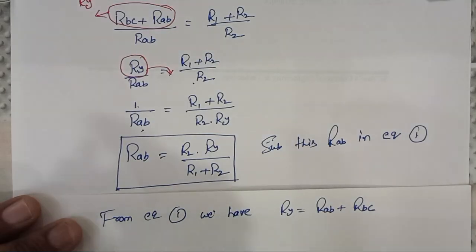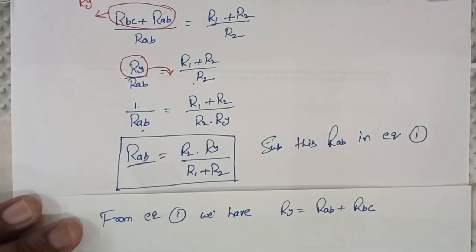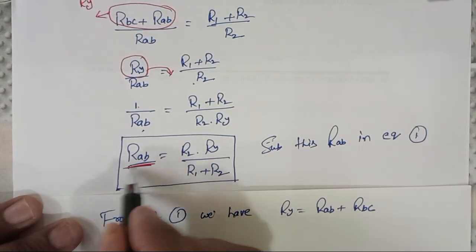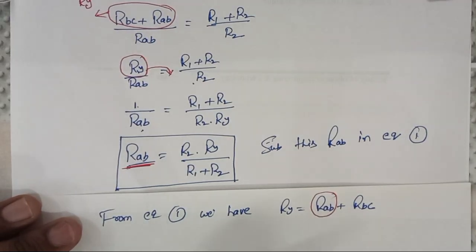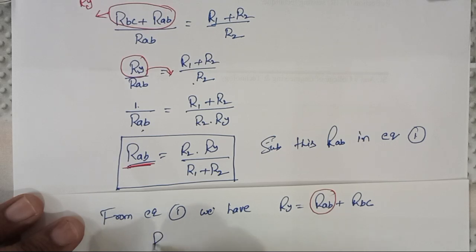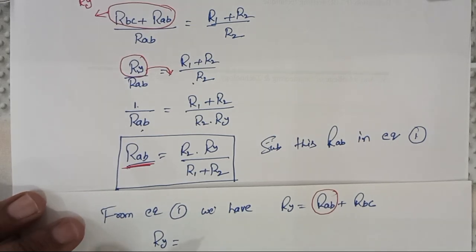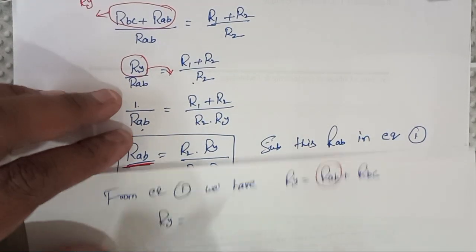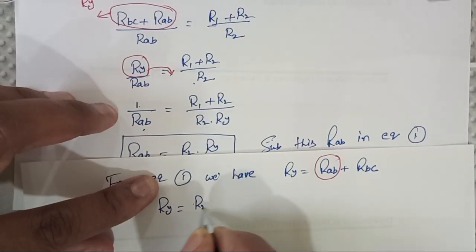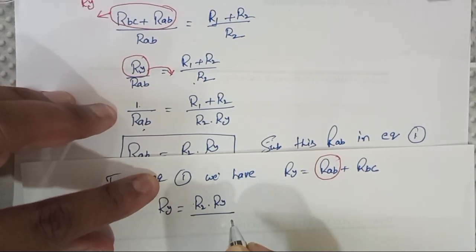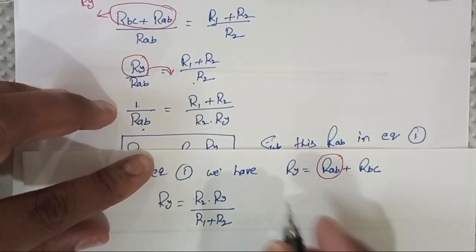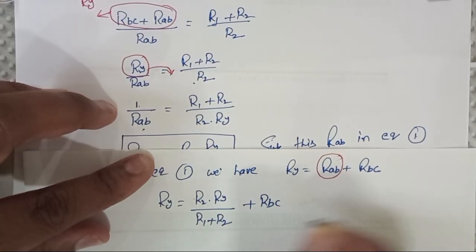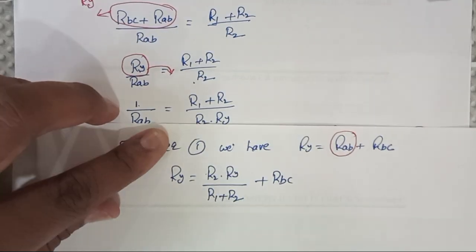Now I am substituting this RAB here. So I am getting here RY is equal to, RAB means this much, that is R2 into RY by R1 plus R2 plus RBC is the rest of the term here.